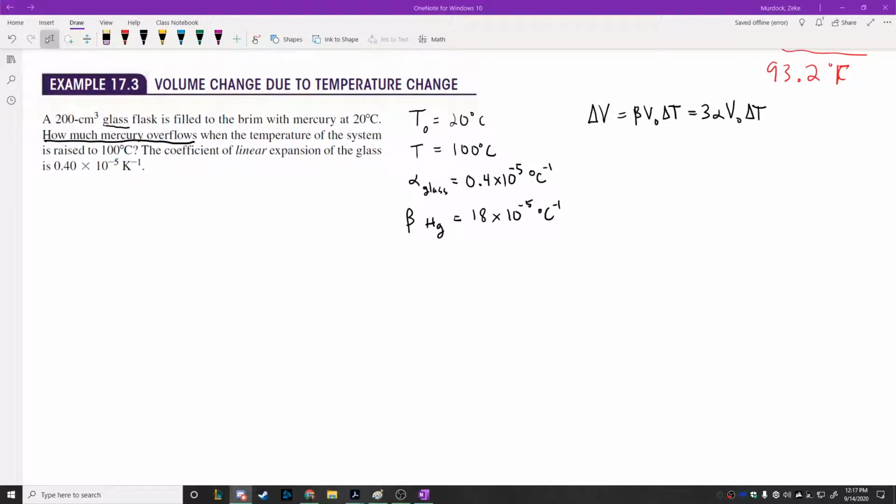Okay. Okay, someone got a different answer. That's good. You guys are all getting different answers. Okay, well, Tyler and Ange got the same answer, 2.7 centimeters cubed.